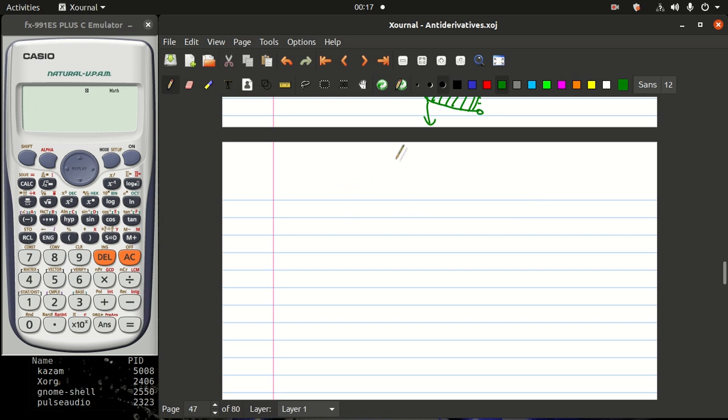Now let's talk about the properties of definite integrals. Let's first talk about the properties of the sigma notation. These are the things that you need to know.